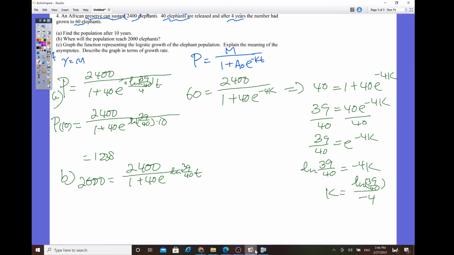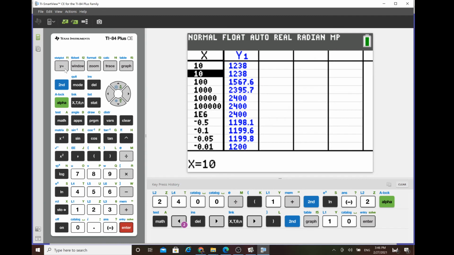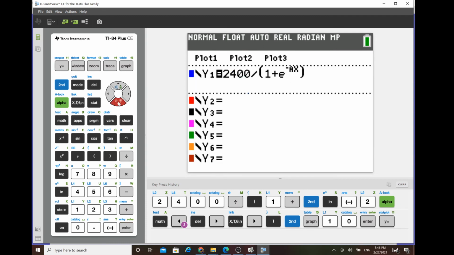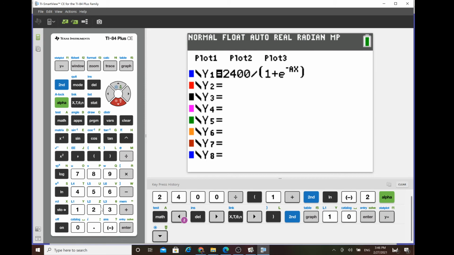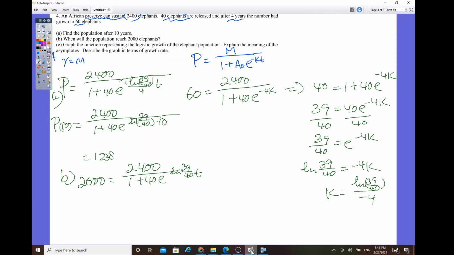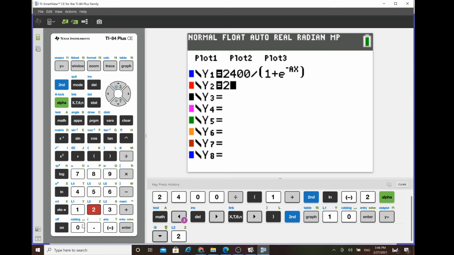The way to do it, going back to y equals, for the next one we just want to put in y2 with 2,000. This time we want to find the value of x, when it's going to reach 2,000. You can use the xy table, but the best way is to find the point where they intersect.